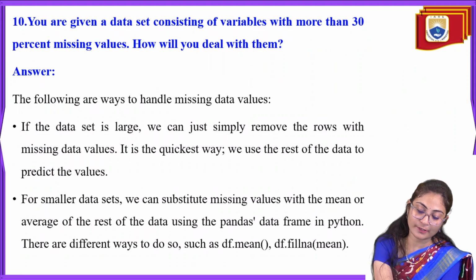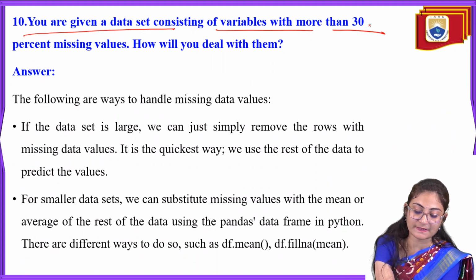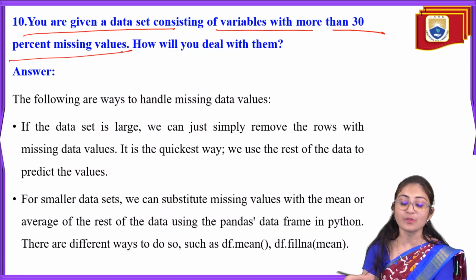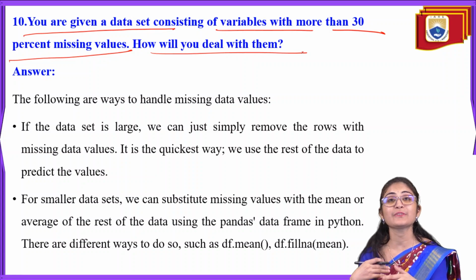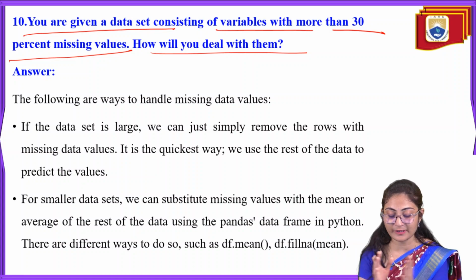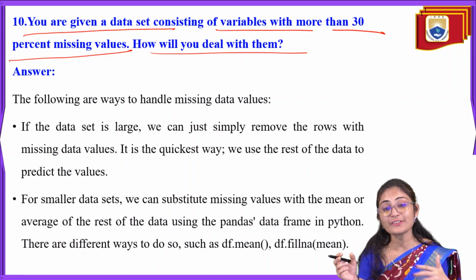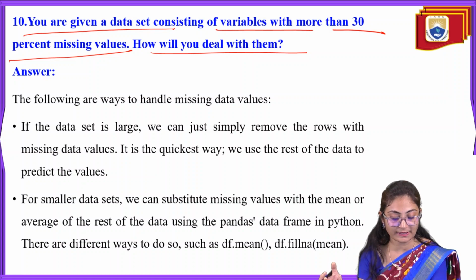Now the next one is: you are given a data set consisting of variables with more than 30% missing values. How will you deal with them? There are different ways of handling missing data values. If your data set is very large, we can simply remove the rows with missing data values, and we can quickly use the rest of the data to predict the values.